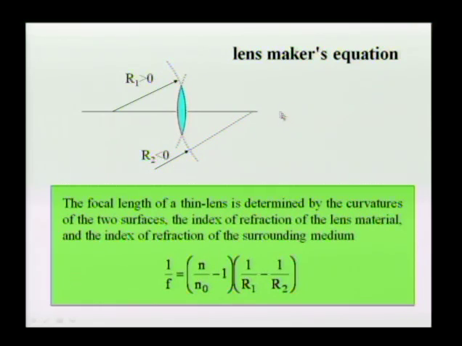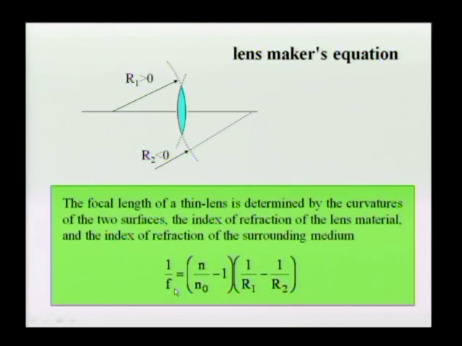If it is on the right-hand side of the surface, we assign a negative value for the radius of curvature. And the radii of curvature and the indices of refraction of the material from which the lens is made and of the surroundings determine the focal length of the lens.